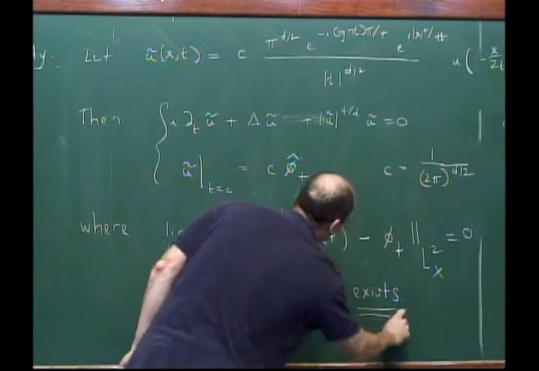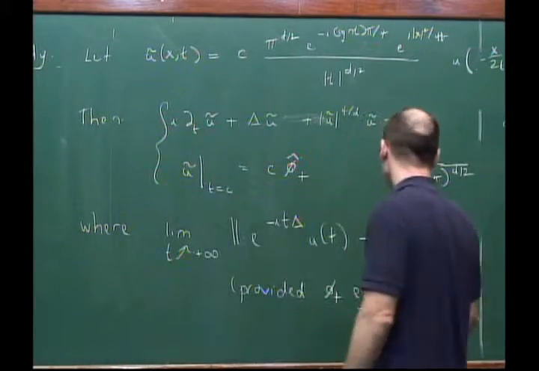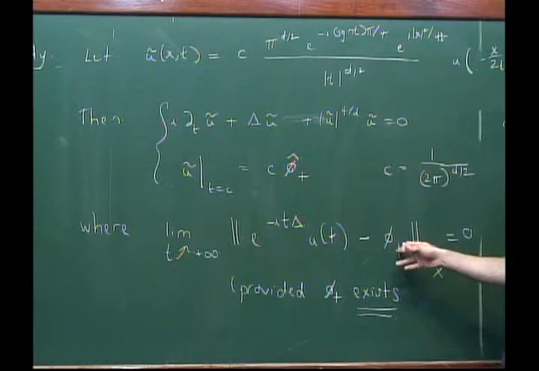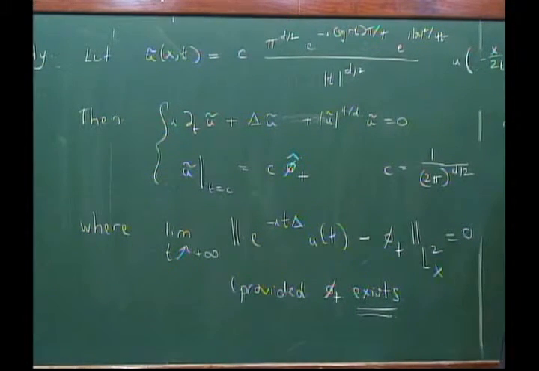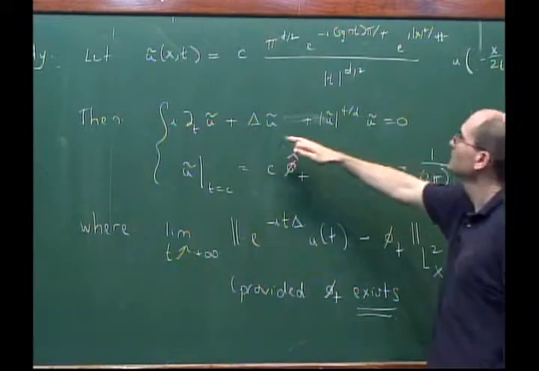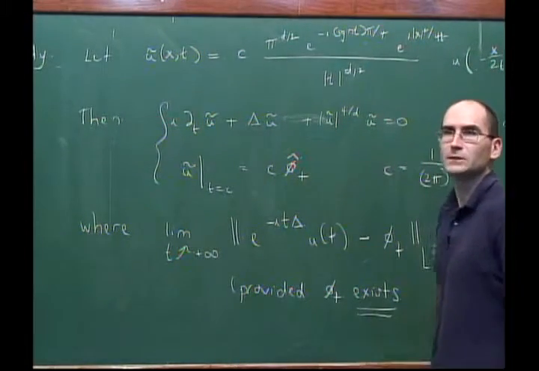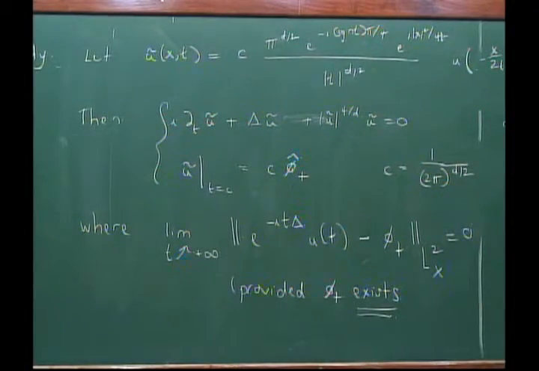And if it doesn't, it's another exercise: if there's no such phi plus, then when you allow t to go to 0, you won't get anything. It'll have to blow up at t equal to 0.